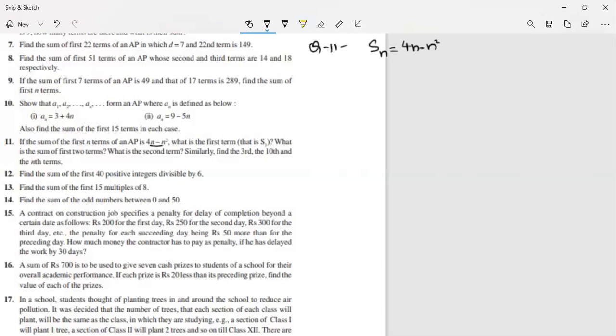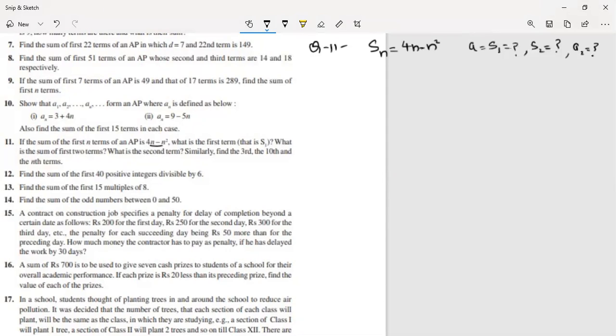And they are asking what is the first term? The first term is A, or A is equal to S1, the sum of one term, which is also the first term. What is the sum of first two terms, S2? Then we have to find the second term also.